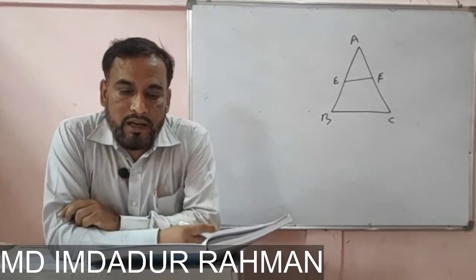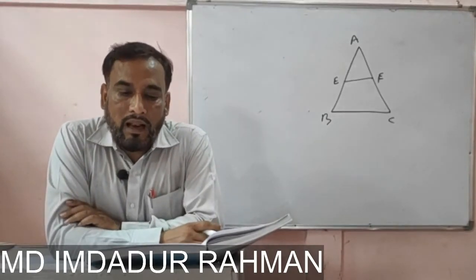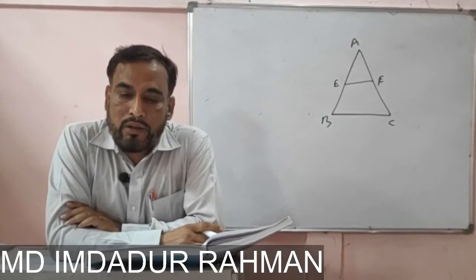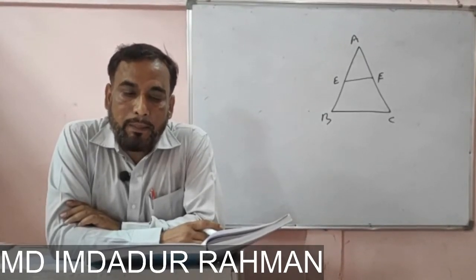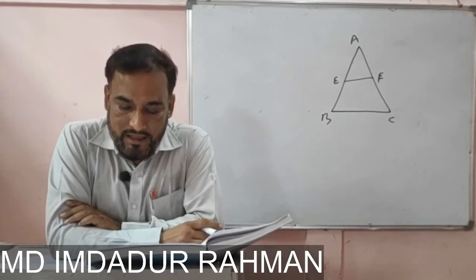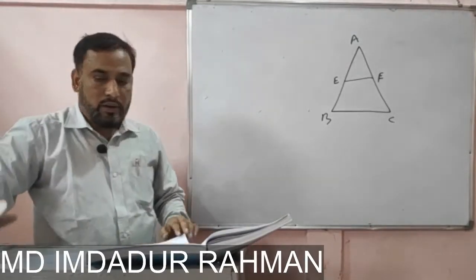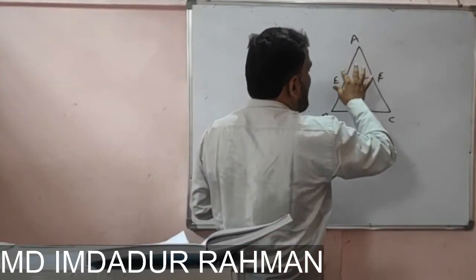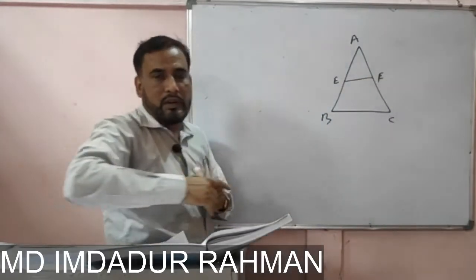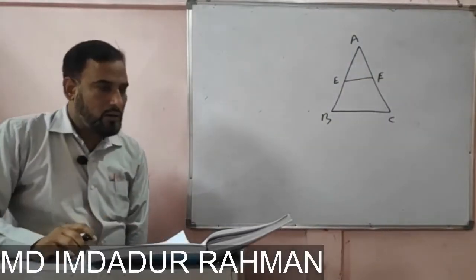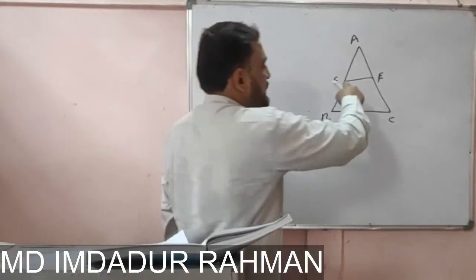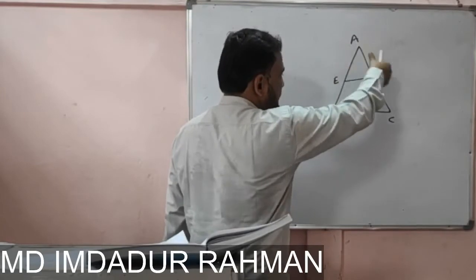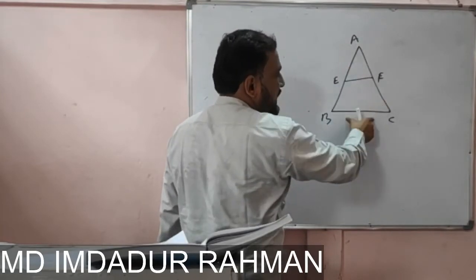In theorem 8.9, you read out with me. The line segment joining the midpoints of two sides of a triangle is parallel to the third side. That is, AB is the first side, AC is the second side, and the third side is BC.